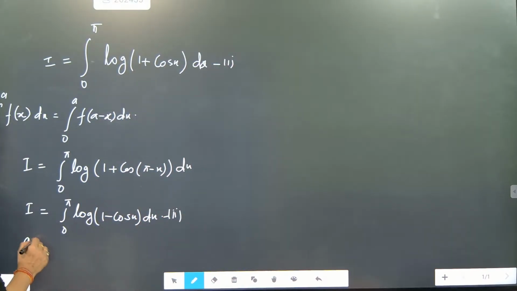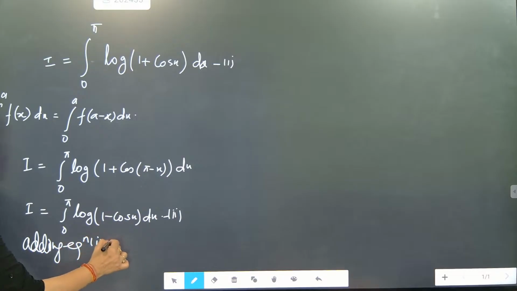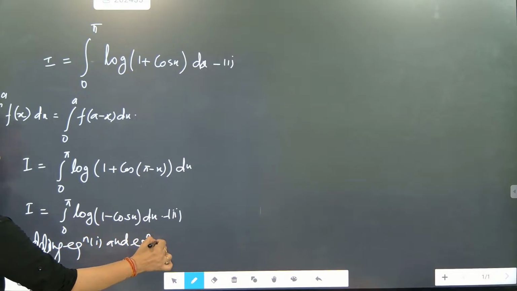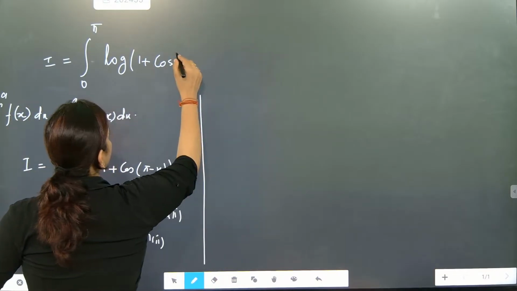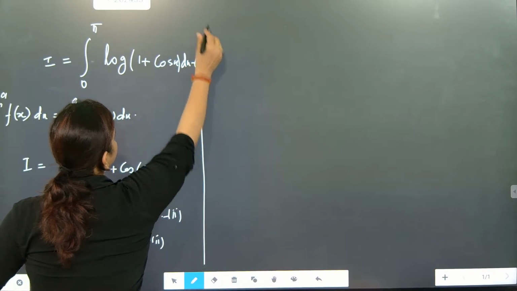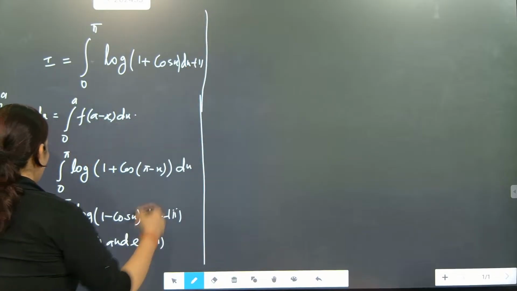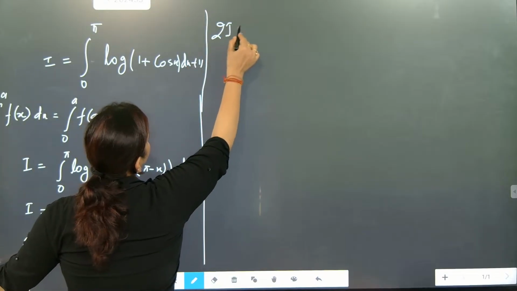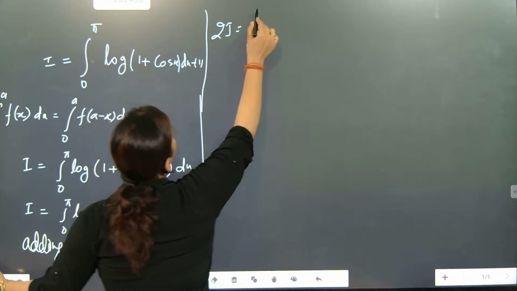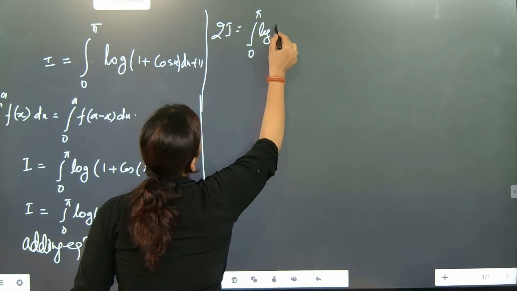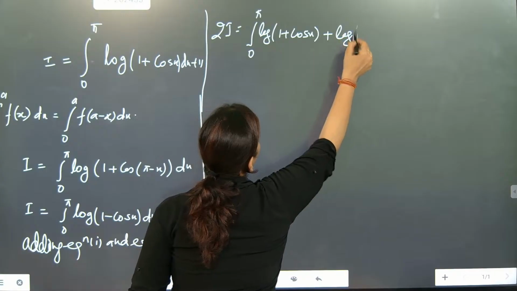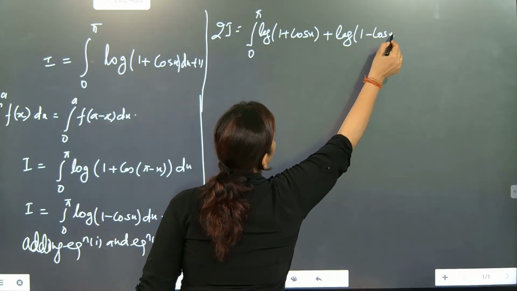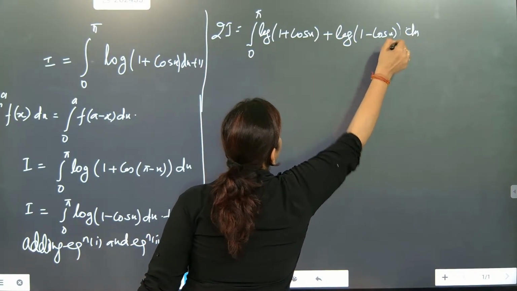When you add equation 1 and 2, then 2I is equal to integral 0 to pi log of 1 plus cos x plus log of 1 minus cos x dx.